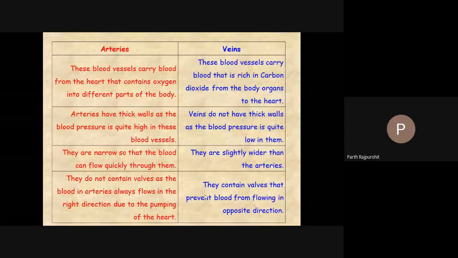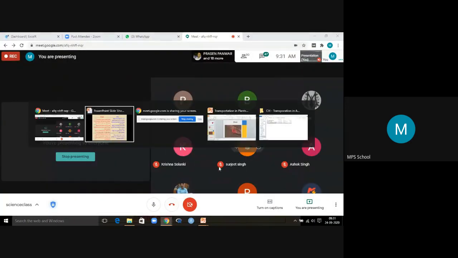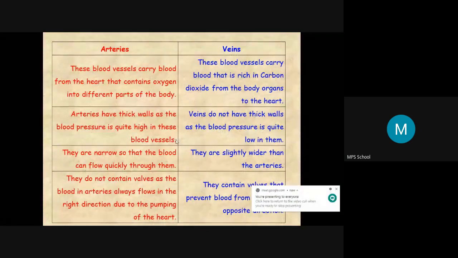And second point, arteries have thick walls. What do you mean by thick walls? Which is thicker. And veins are thin, which means they have thin walls.